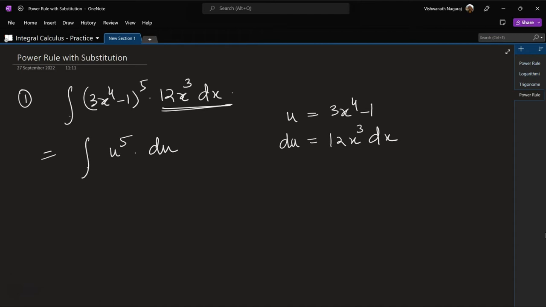So suddenly our integral becomes very straightforward, and we can do the integration. Now let's substitute back. So we get (3x^4 - 1)^6 by 6 plus c. Never forget that c.